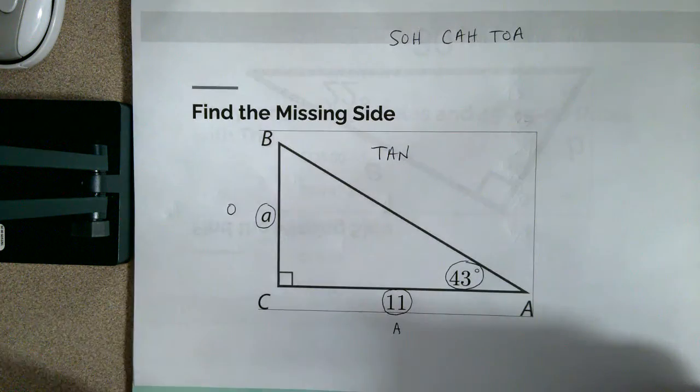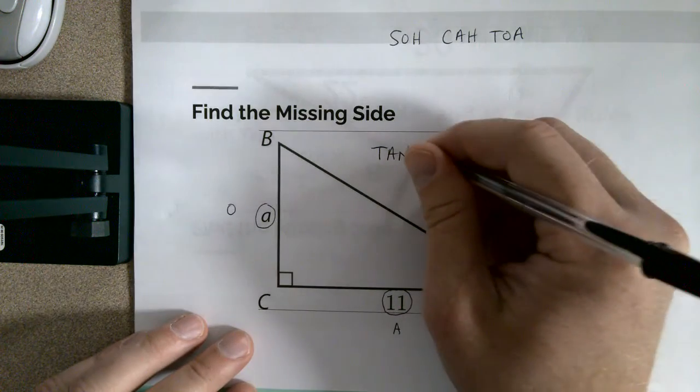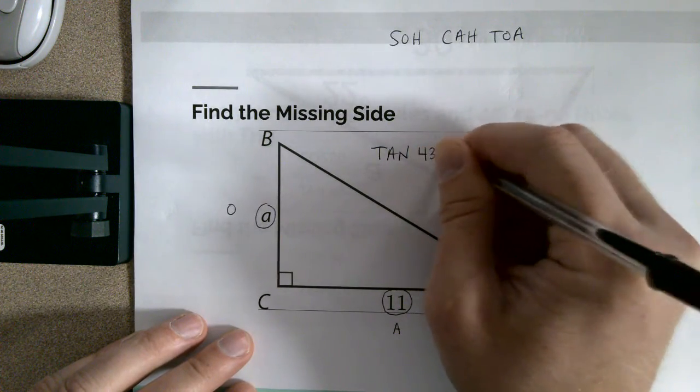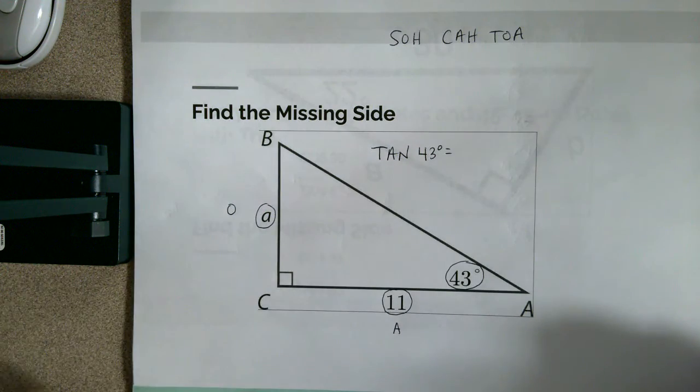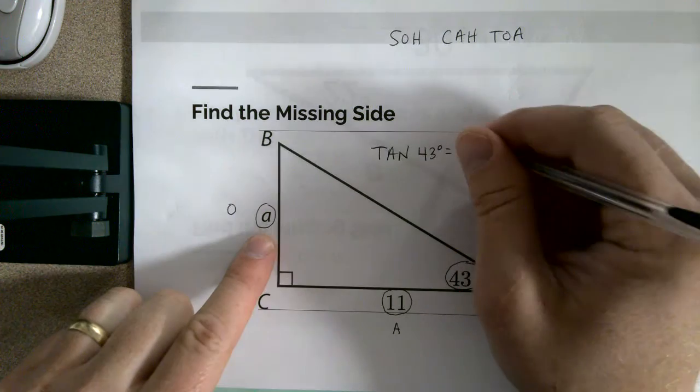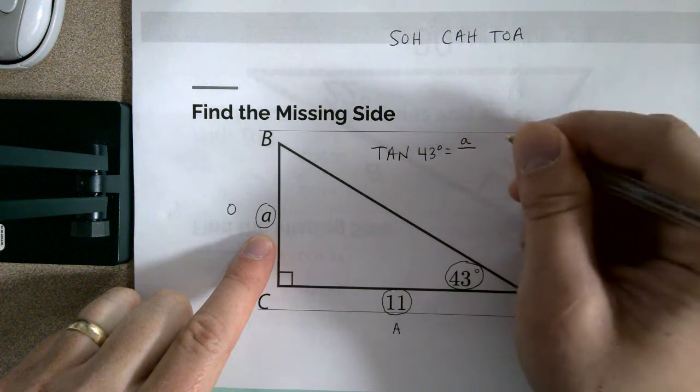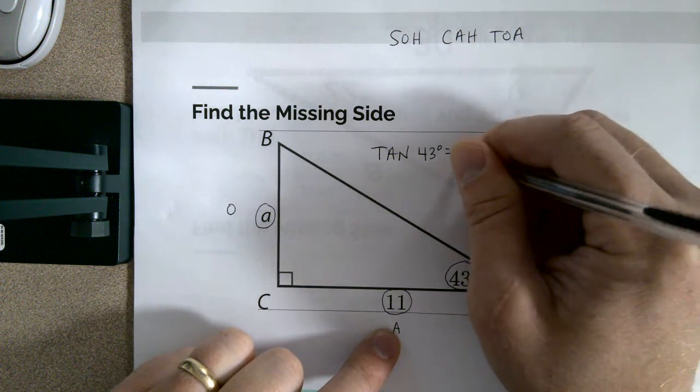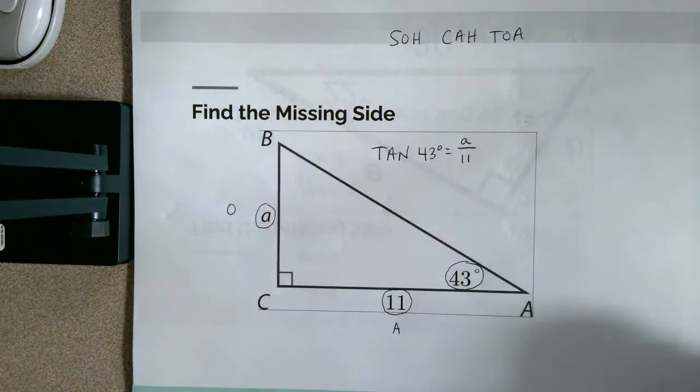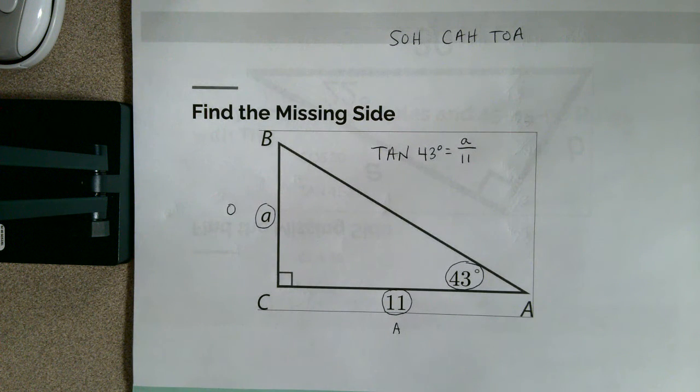So we're going to say the tangent of 43 degrees is equal to the opposite side, which is A, over the adjacent side, which is 11. That's our ratio that we just practiced a second ago. Now, at this point, this is where it becomes a calculator problem.